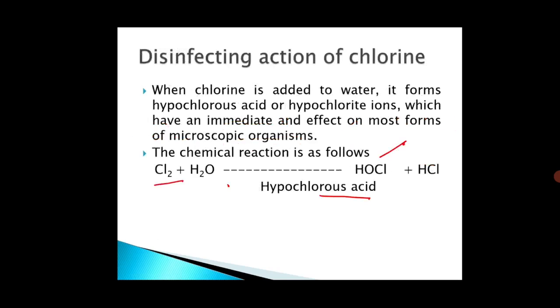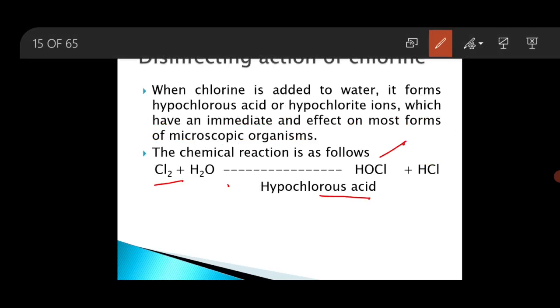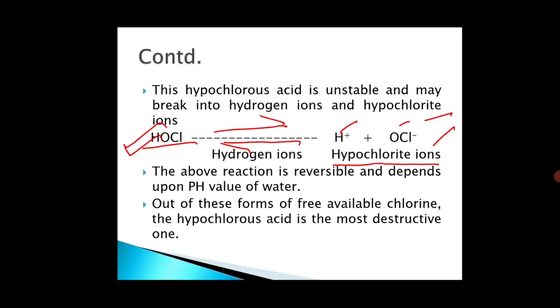That means, in this equation, the chlorine will react only when the pH is greater than 5, and when the pH value is less than 5, it will remain in this state, that is elemental chlorine. Out of all these forms of free available chlorine, the hypochlorous acid, that is HOCl, is very effective.